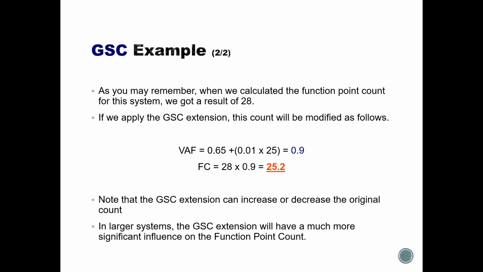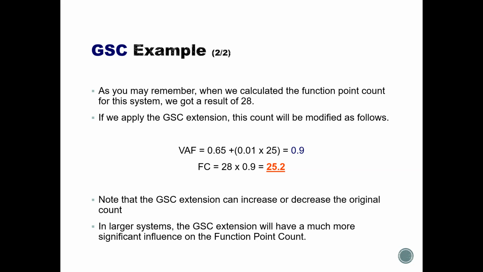Now you can calculate the new function point, which is function point multiplied by this value adjustment factor 0.9. In the previous example we had an FP of 48, and now the function count is 25.2.